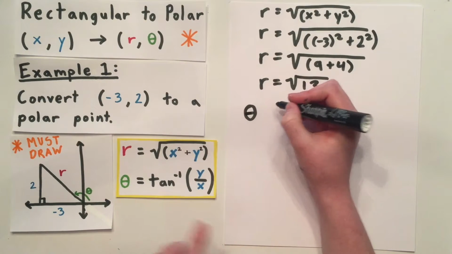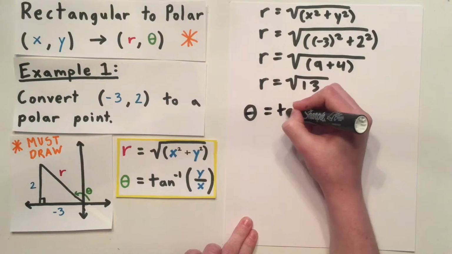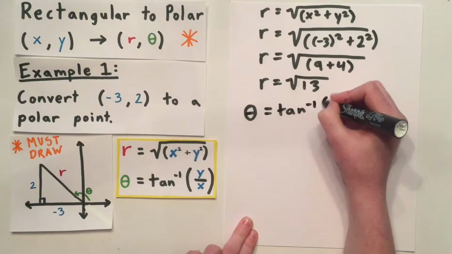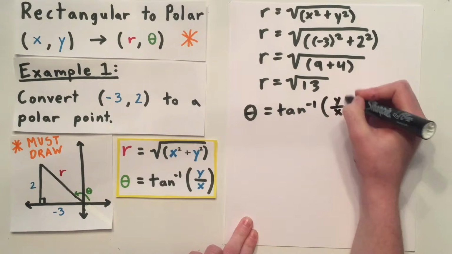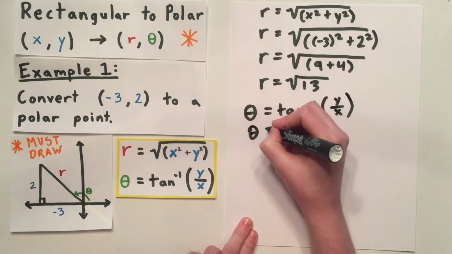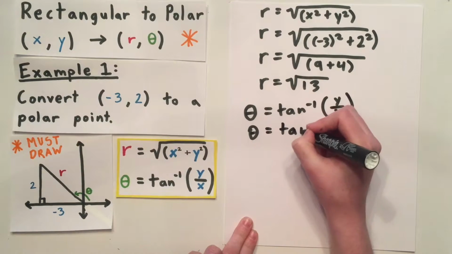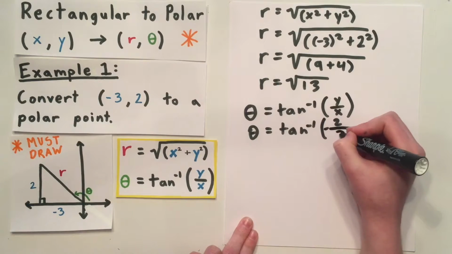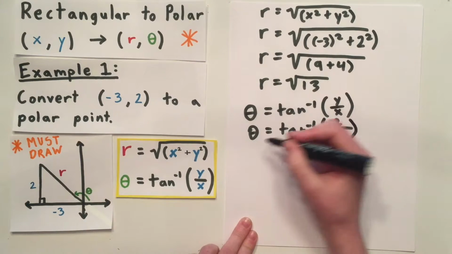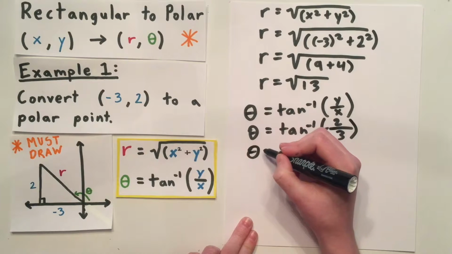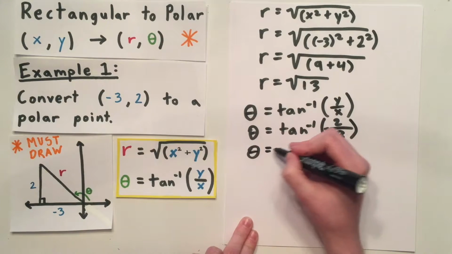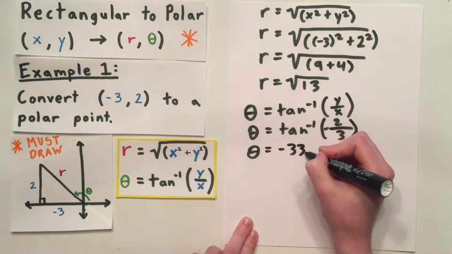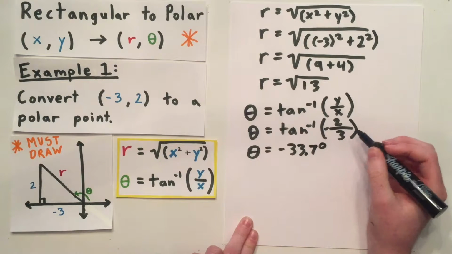Let's find theta. The equation we use for that is theta equals the inverse tangent of y over x. So for this problem, theta equals the inverse tangent of 2 over -3. If you plug that into your calculator, make sure it's in degree mode, you get -33.7 degrees.